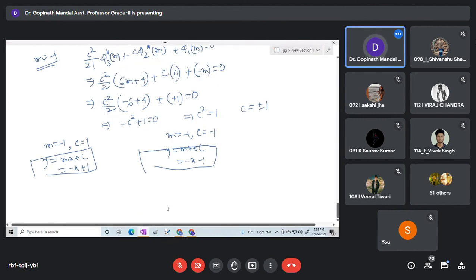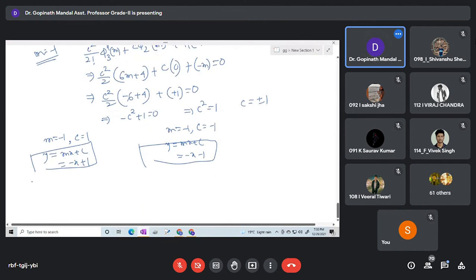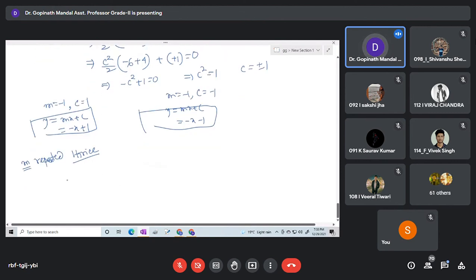Now if we consider the case where m is a repeated root, if m is repeated thrice, then in that case we get the value of c by what?